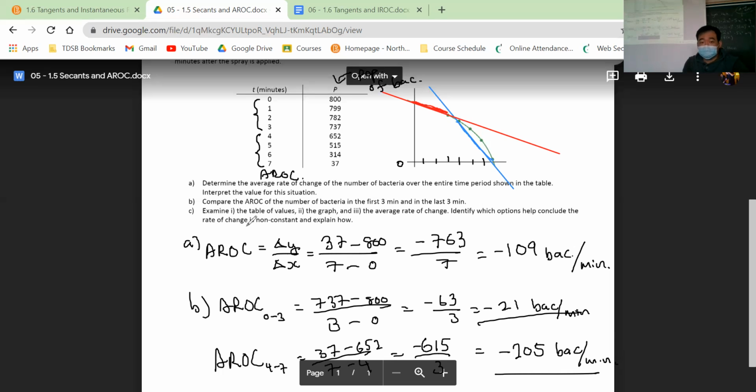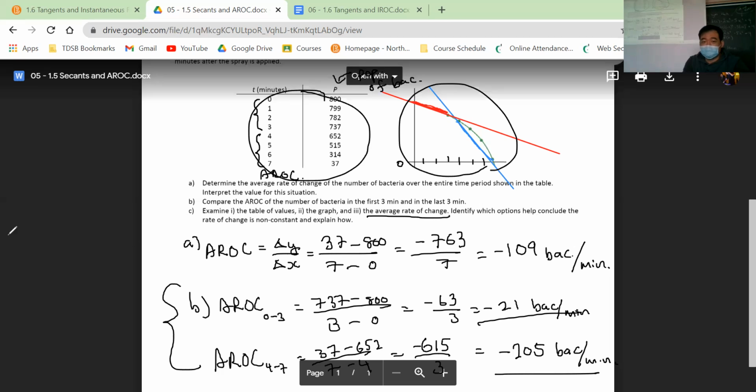Any questions? No? Okay, maybe you want to digest it a little bit. So examine the table of values right here. Examine this, examine the graph, and the average rate of change. In other words, I guess just A, because this is clear.